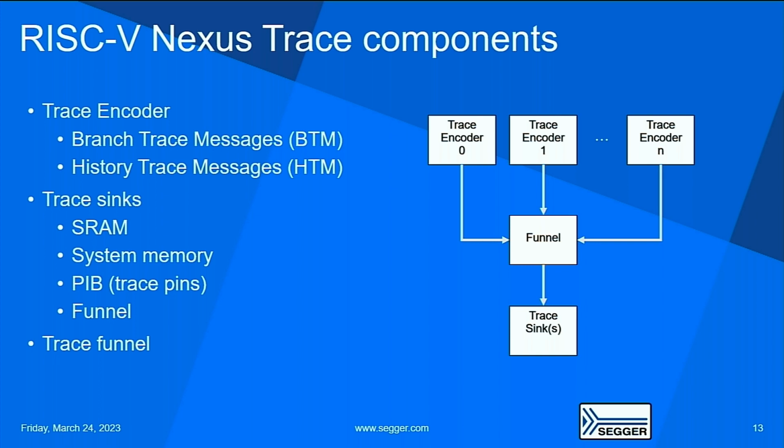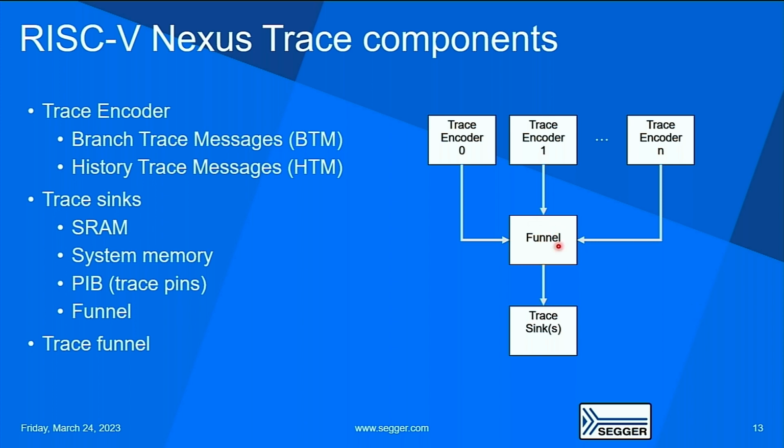Then we have so-called trace sinks, which is simply output sources, essentially, which are supported by this encoder, which is your SRAM, system memory, trace pins, and a funnel. And we have a trace funnel again. And there on the right, you can see, again, how this is interconnected. So we can have multiple trace encoders, where one encoder is per core.